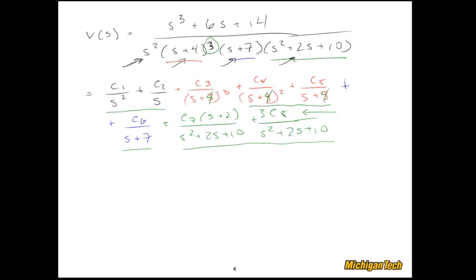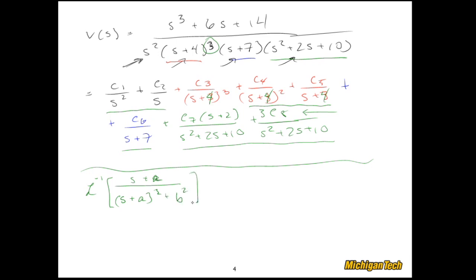So let's look at why that is. It really has to do with the particular Laplace transform table that I'll be using in this video. The inverse Laplace transform of s plus a over s plus a squared plus b squared equals e to the negative at cosine bt.